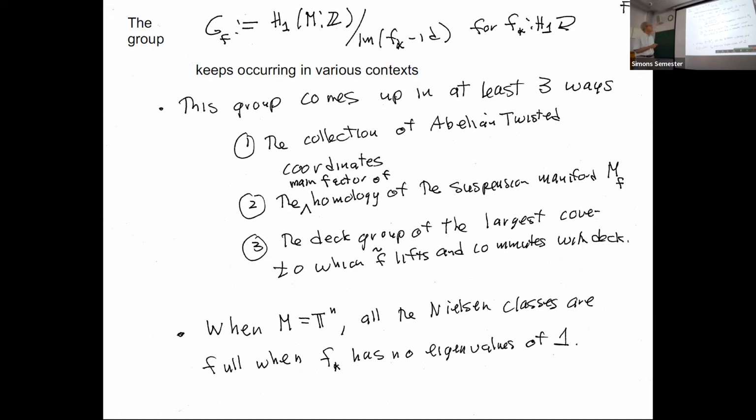If you have an eigenvalue 1, then you get a 0 down here, and this group has a non-torsion factor, a Z factor. But if 1 is not an eigenvalue, then the group is pure torsion. This is often surprising at first, that these suspension manifolds of toral automorphisms are mainly torsion, except for the period direction.